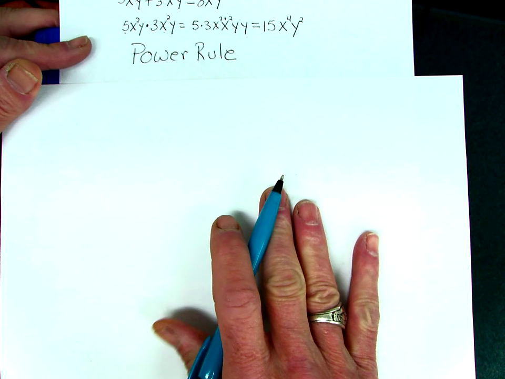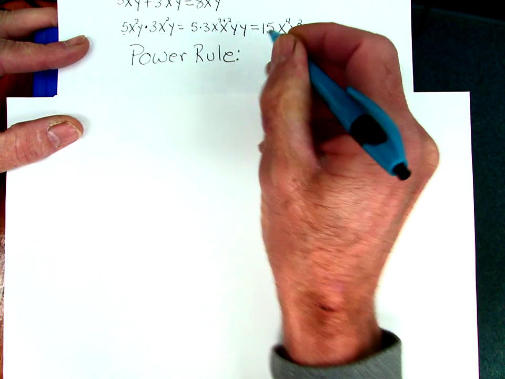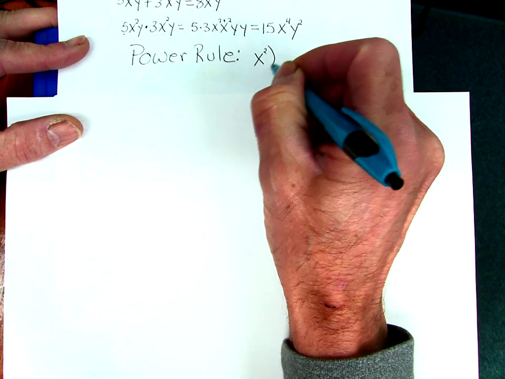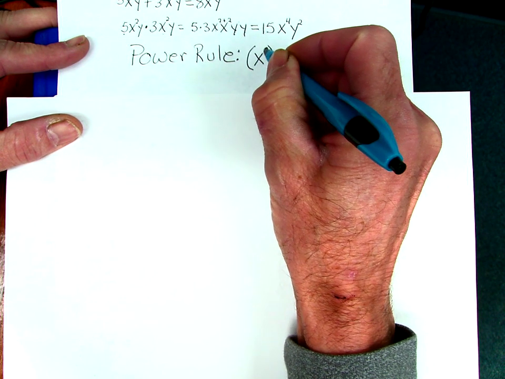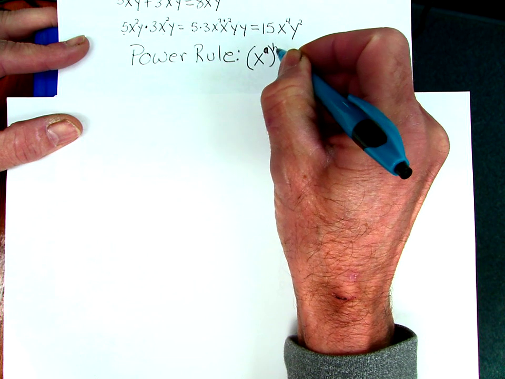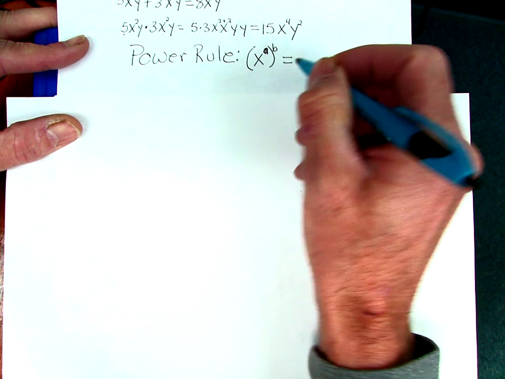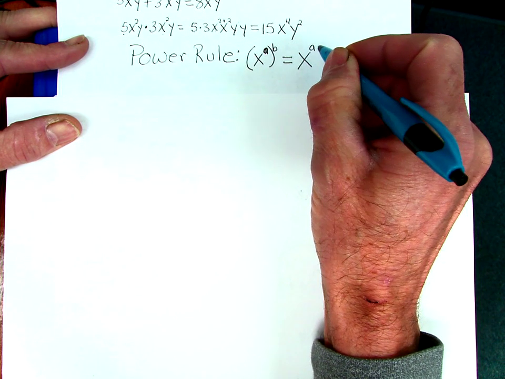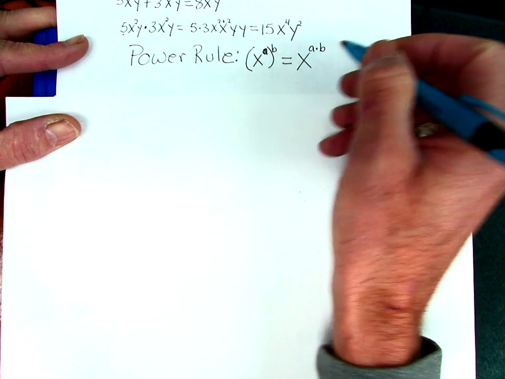What in the world is the power rule? The power rule says if you have something that has an exponent, let me change that to an a there, and it gets raised to another exponent, then the solution is going to be the first power times the second power.